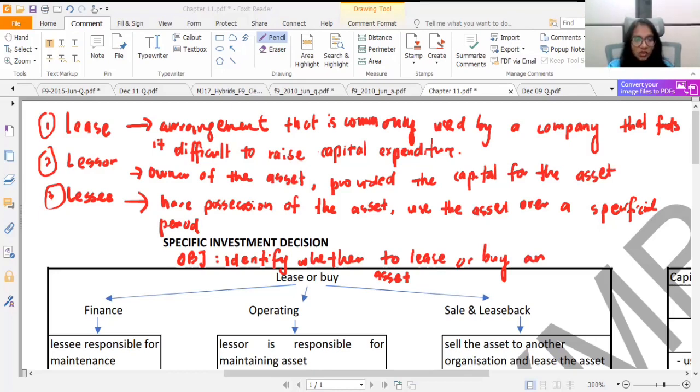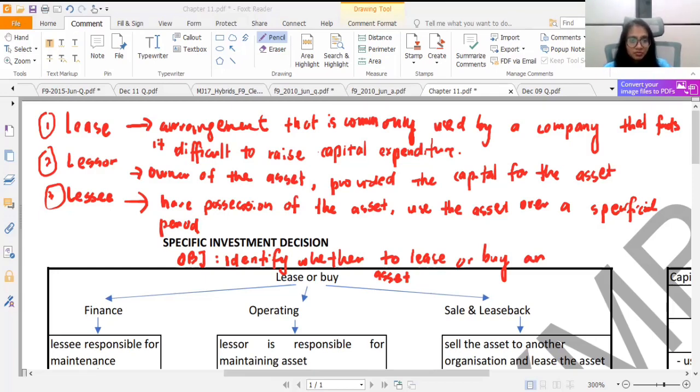Also, you need to understand that whenever lessors are involved, they are the people who have the ability to purchase assets of a large value. So that's why I say normally they are financial institutions, because these people are the ones who actually have the capital to purchase a large amount of assets.